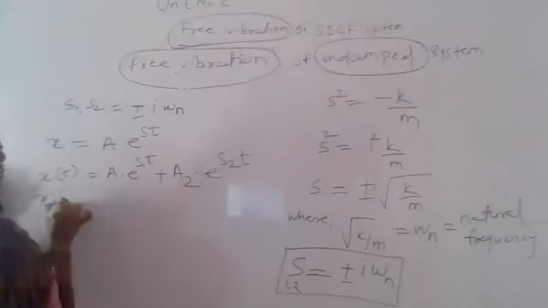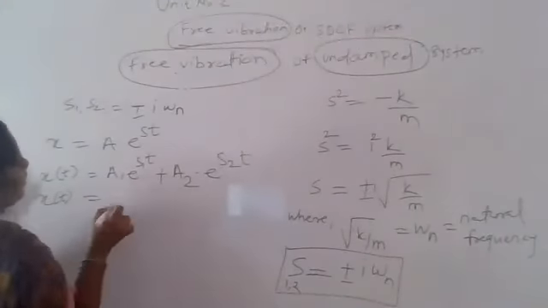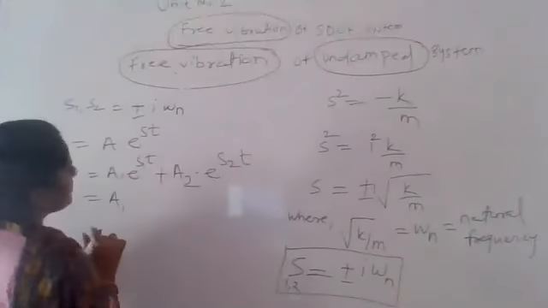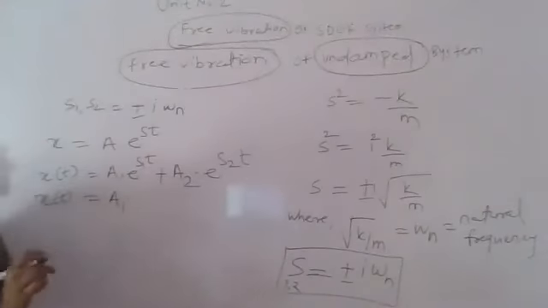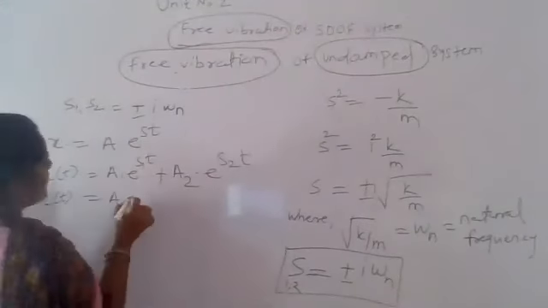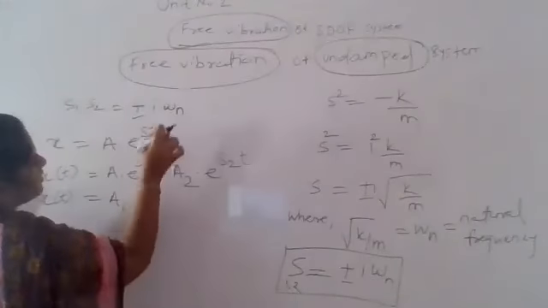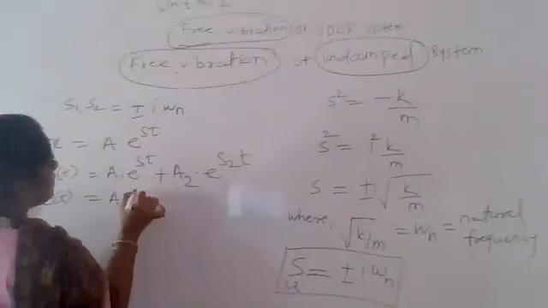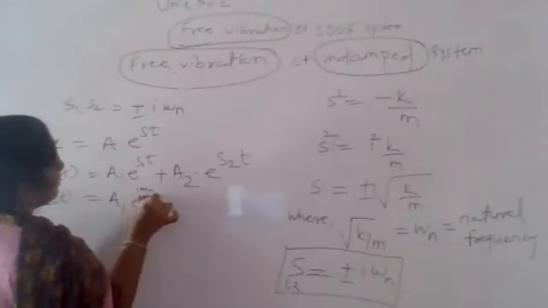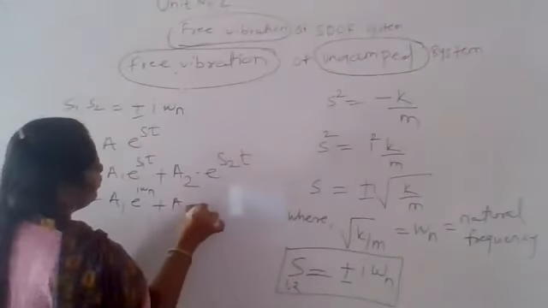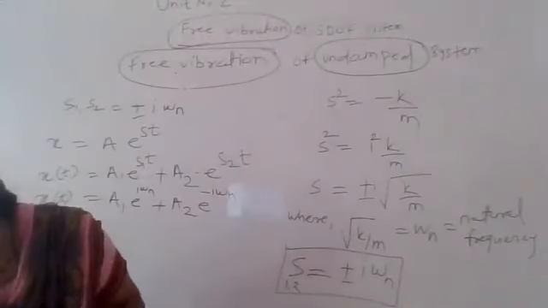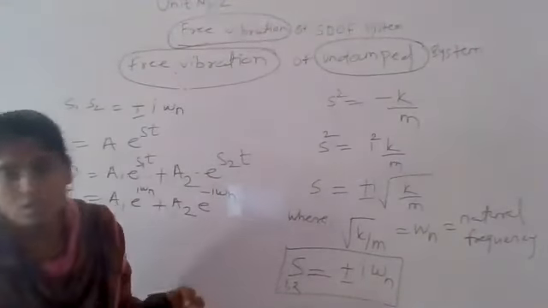A1 is the constant, and s1 is plus I omega n, so e raised to plus I omega n t plus A2 into e raised to minus I omega n t. Write down this.